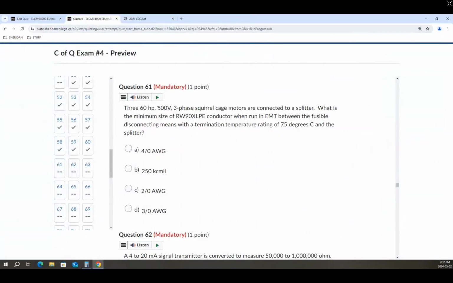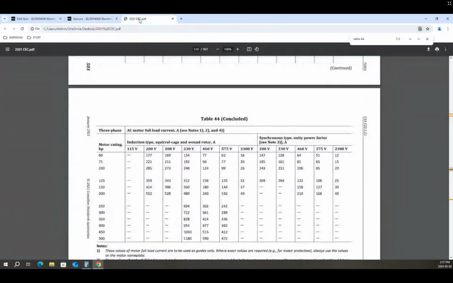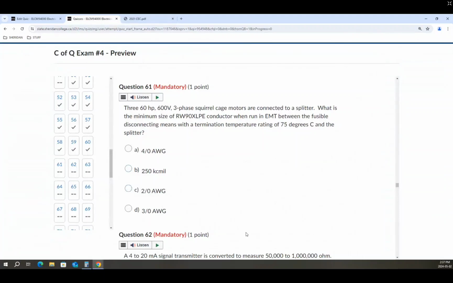And there's three of them. So what's my conductor between the fusible disconnecting means and the splitter? They're all the same, they're all 62, right?